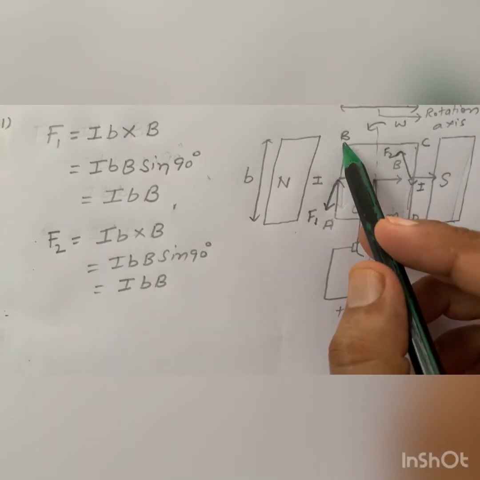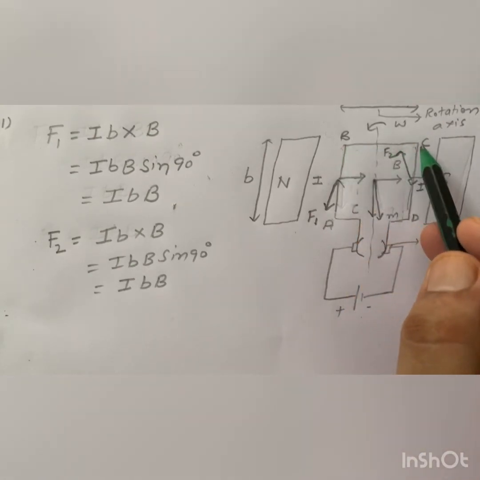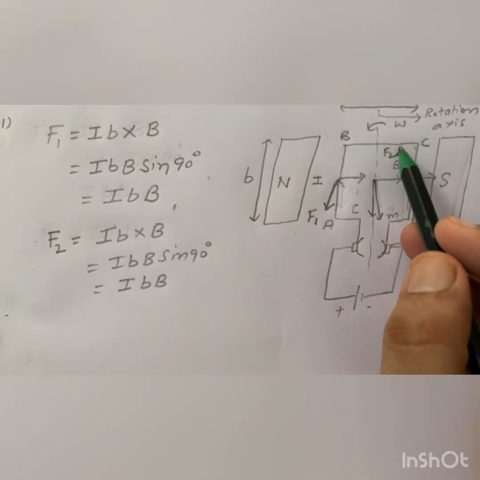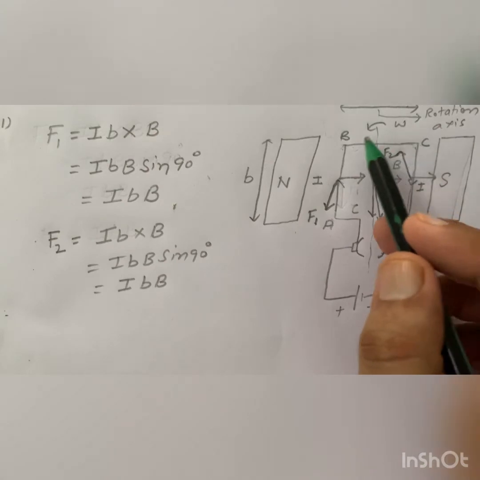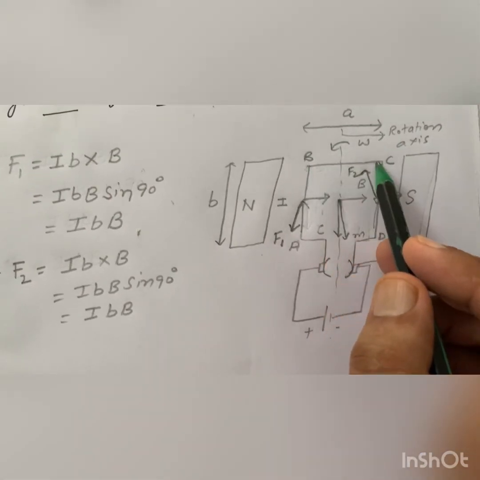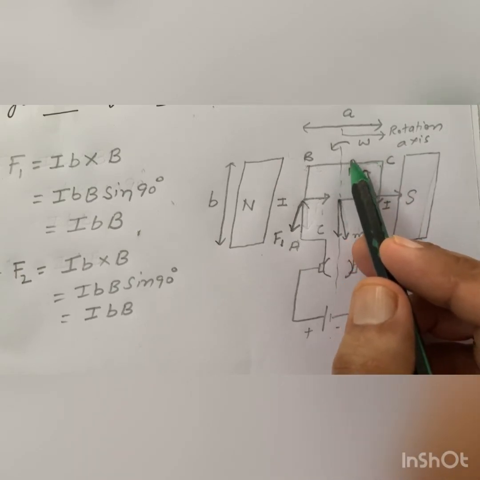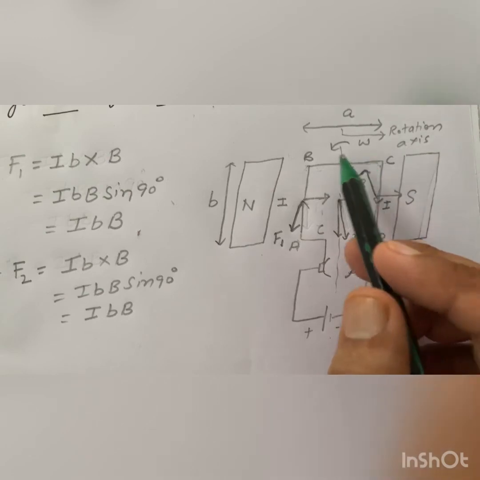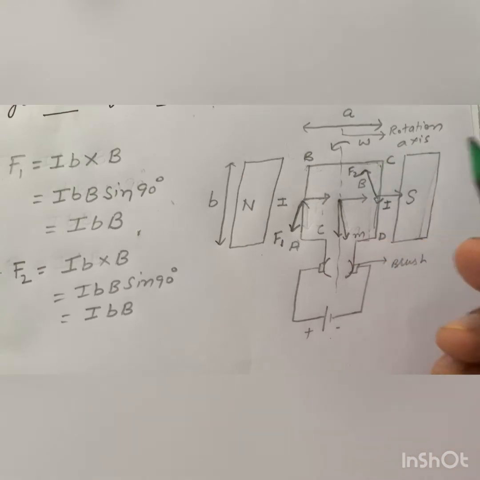Here we see BC. The force acting on this conductor is 0, as the direction of the magnetic field and the direction of the current element are both the same. So in this case we obtain sine 0 degrees, and sine 0 degrees is equal to 0. So there is no force acting on this conductor.